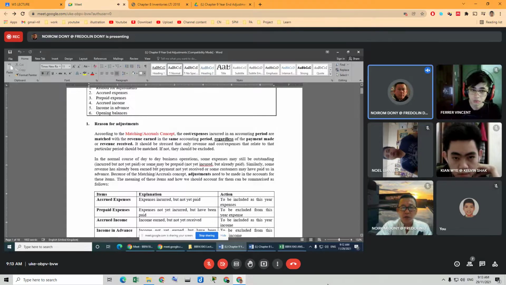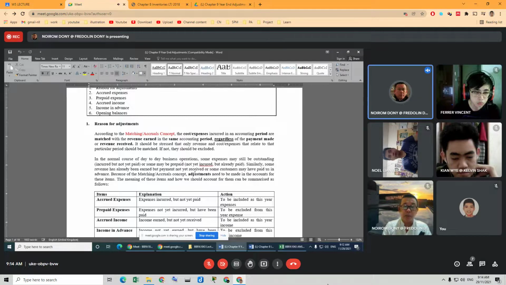In the normal course of day-to-day business operation, some expenses may still be outstanding, incurred but not yet paid. Or some may be prepaid, not yet incurred but already paid. Like my explanation to you, some of the expenses the business has already consumed but not paid. But for some of the expenses, the business has already made payment but has not consumed them.